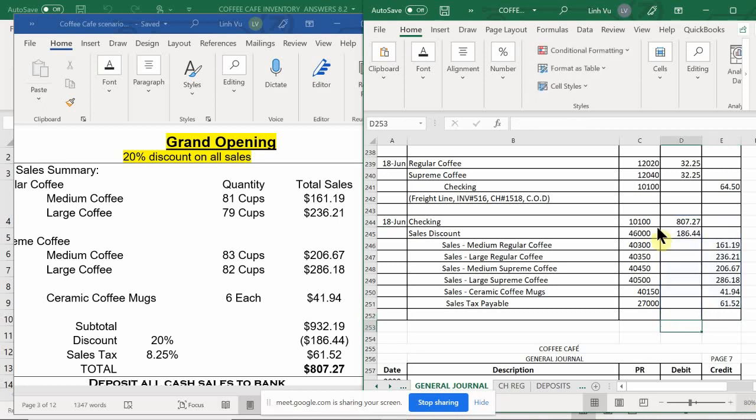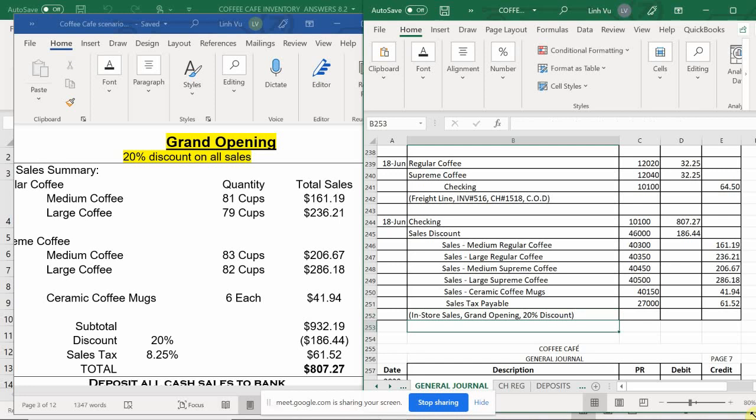Excellent. And then my description. So, grand opening, summary sales. Okay. So this is 6/18. I'm also going to say that my discount was 20%. Okay.